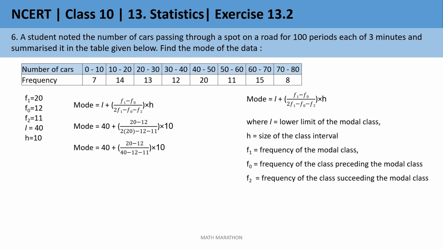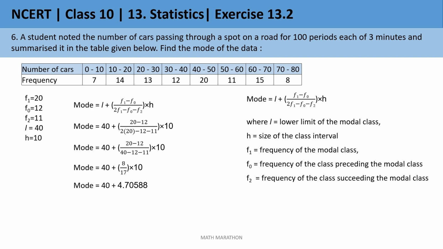In denominator, twice of 20 is 40. Remaining equation, I have written as it is. In numerator, 20 minus 12 is 8. In denominator, 40 minus 12 minus 11 is 17.